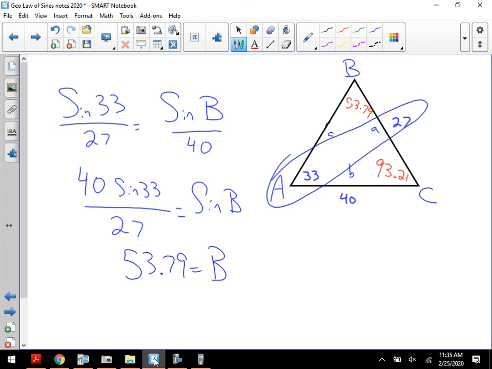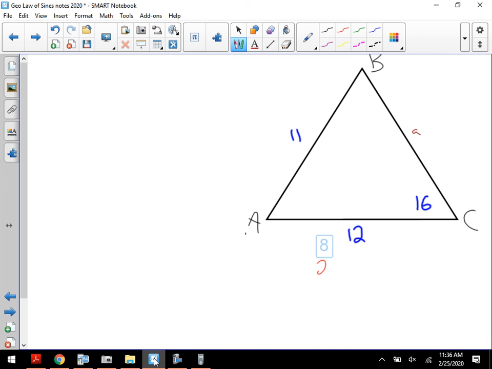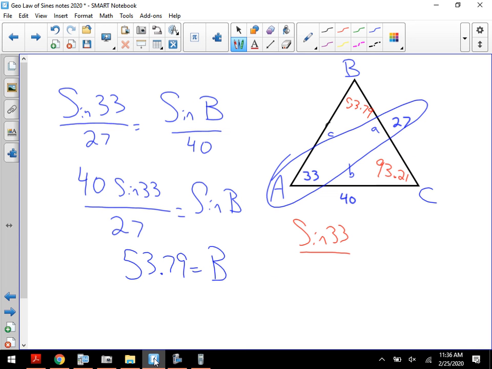And I've got to find little c, which falls back to the exact same scenario we just did in the last two examples. You rewrite your sine of 33 for your a is to the side opposite, which is 27. Change with the c and the angle, the sine of 33, and then multiply the other side by 27.